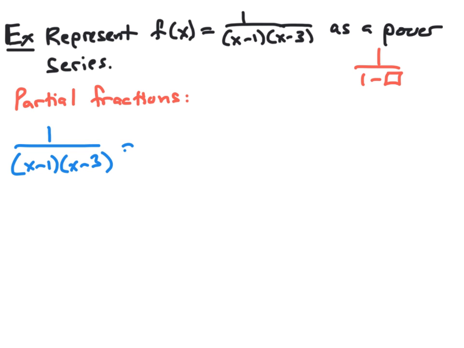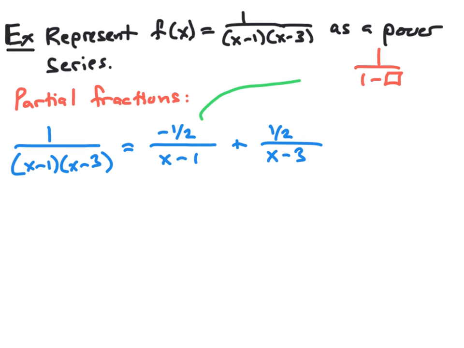But using the standard partial fractions approach, 1 over x minus 1 times x minus 3 is seen to be equal to negative 1/2 over x minus 1 plus 1/2 over x minus 3. And so we've now written our function as the sum of two functions with simpler denominators.